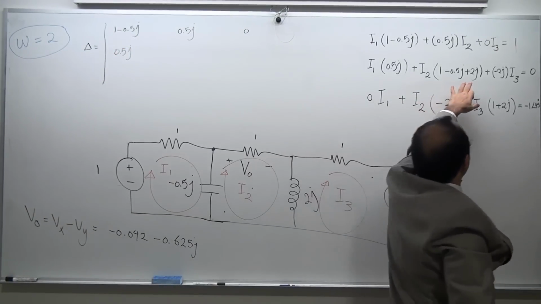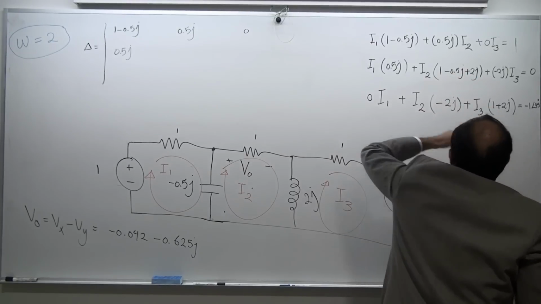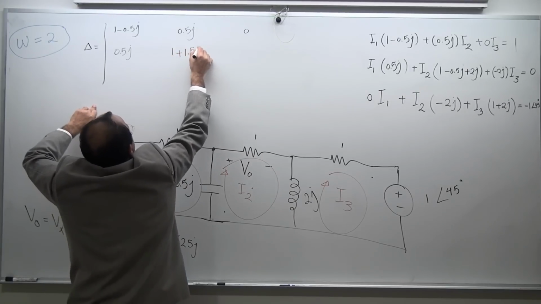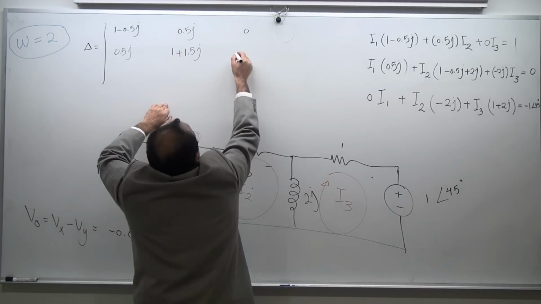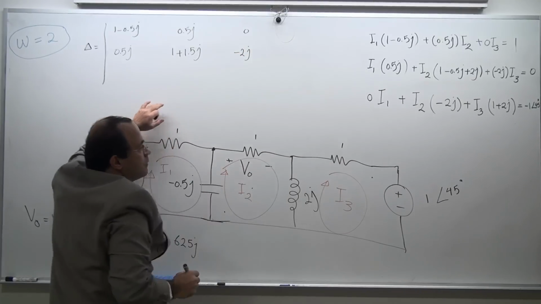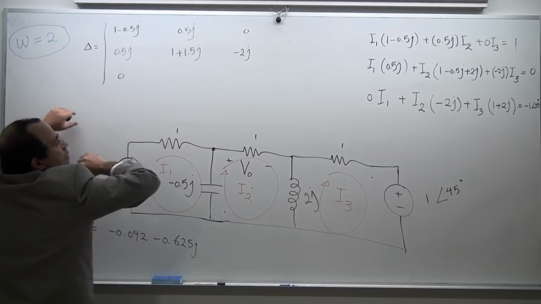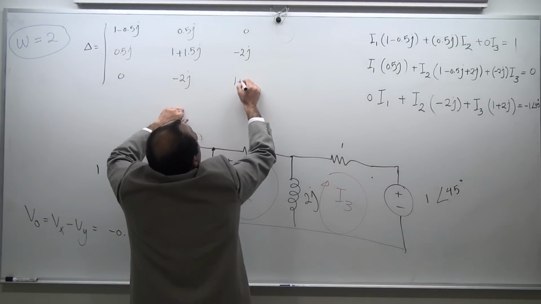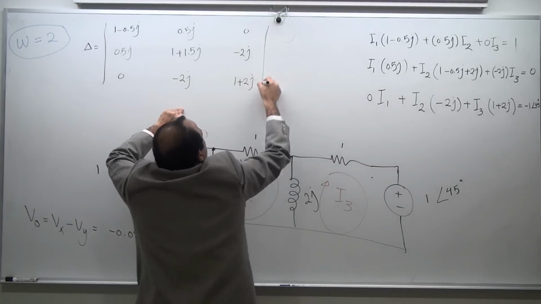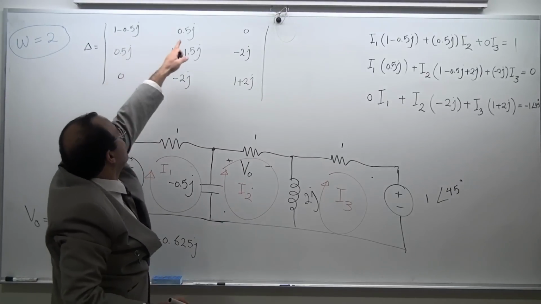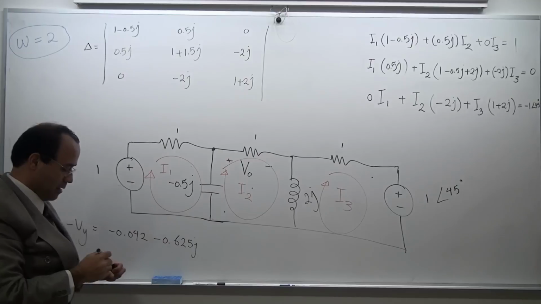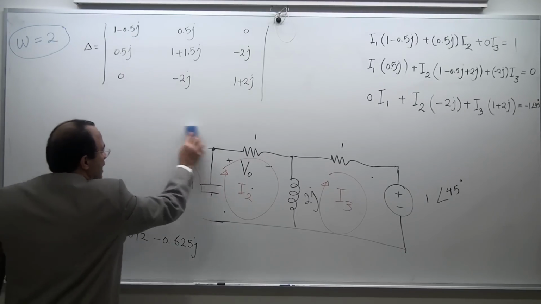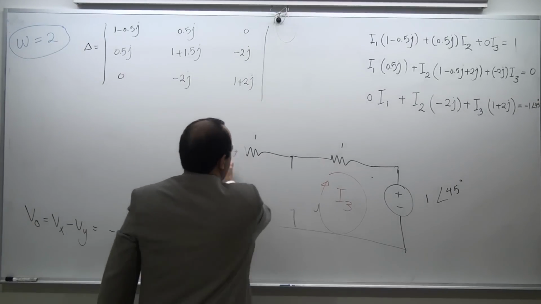Slightly, you can do this, you don't have to. 2 minus half is 1.5, so it's 1 plus 1.5j, and then minus 2j. It's going to be 0, minus 2j, 1 plus 2j, that's the system determinant. You can see the symmetric behavior, this one, and this one. I need to erase the circuit. I hope I haven't made any mistake. If I did, I can easily go back and check that.